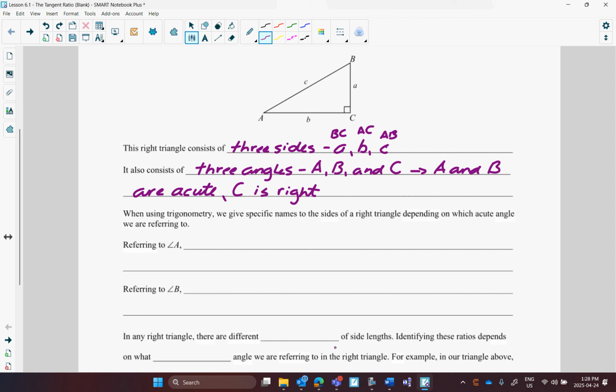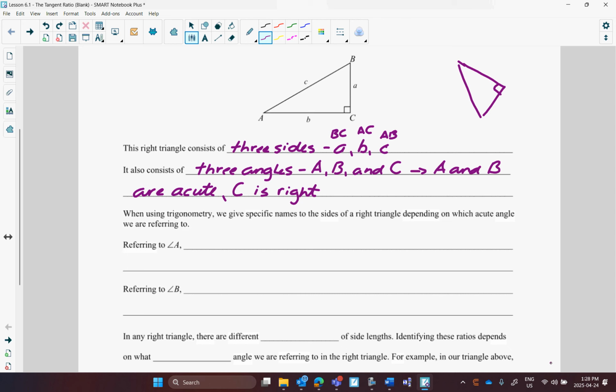Wasn't the hypotenuse always the longest? Well, not necessarily. What if I did this? Which one's the hypotenuse? Okay, you're right. Why? Because it's across from the right angle. Excellent. Yes. It's always across from, or opposite, the right angle.